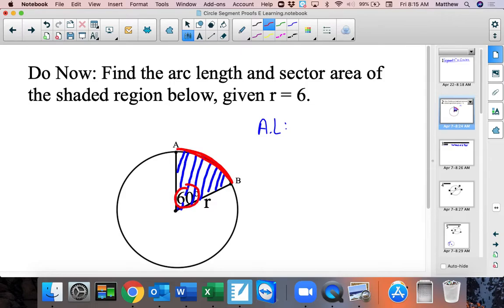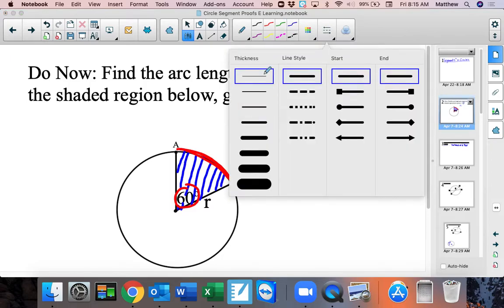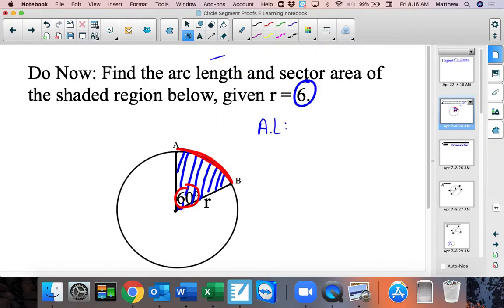But the arc length is not just the measure, it's how long is it, and that depends on the radius. In this case, we have a radius of 6. So arc length, the way I remember it is it's part of the circumference. The circumference would be all the way around, which is 2 pi r.